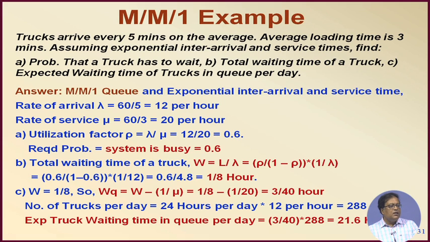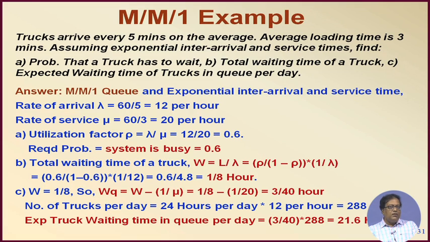Assuming exponential inter-arrival and service times. Look here, most of the time we shall use what is known as Poisson arrival and exponential service time. But Poisson and exponential distributions are interchangeable. How? If the number of arrivals are Poisson, then inter-arrival time is exponential.